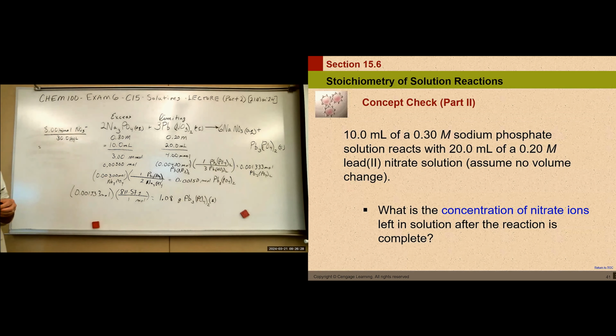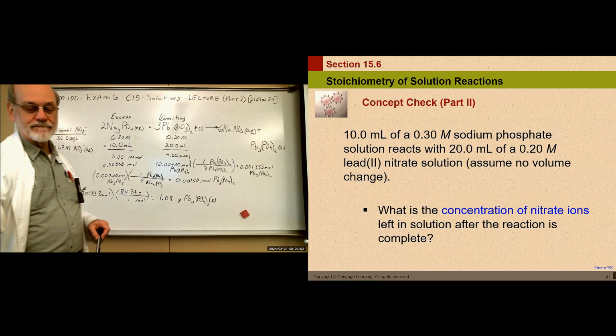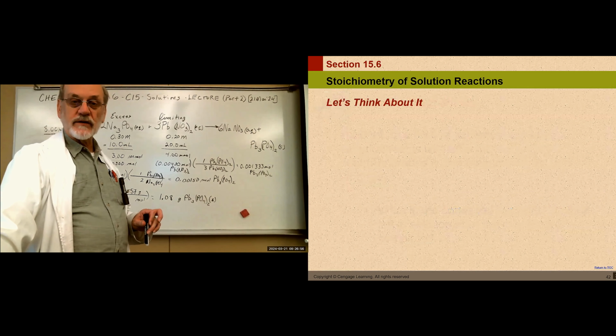So let's finish dividing that out. 8 divided by 30 is 0.27. I see 3 significant figures. 0.267 molar nitrate. All right. That's the concentration of nitrate ions in the final solution.